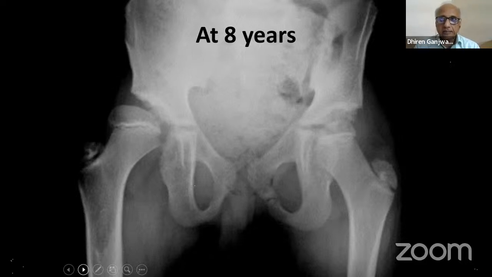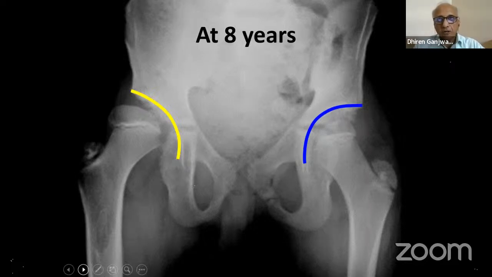At 8 years, the orthopedic surgeon observed that the left hip is doing excellently well, but right hip is not good. If you look at the acetabulum on the left, it's really well covering the femoral head, but the right acetabulum is shallow and the hip is subluxated.